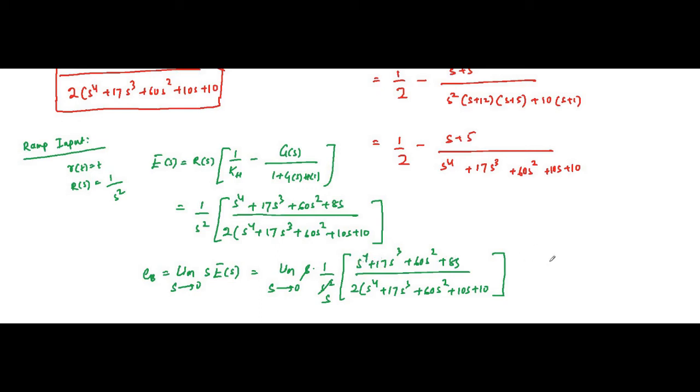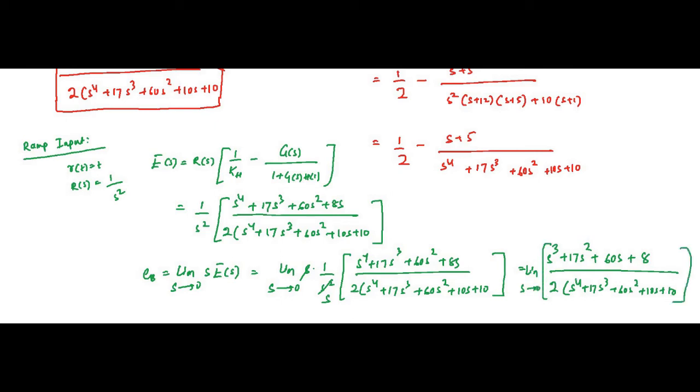That gives us (s cube plus 17s square plus 60s plus 8) by the denominator, which is the same, 2 into (s4 plus 17s cube plus 60s square plus 10s plus 10). So here we have to do limit s tends to 0 of this much.